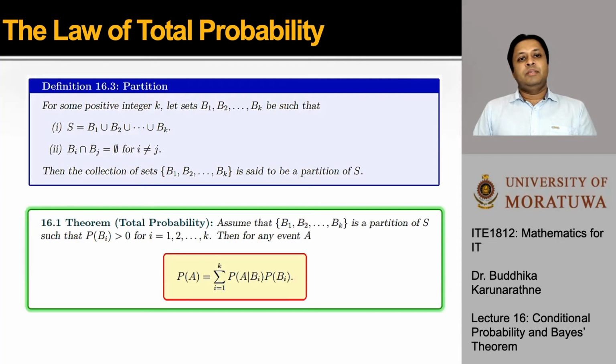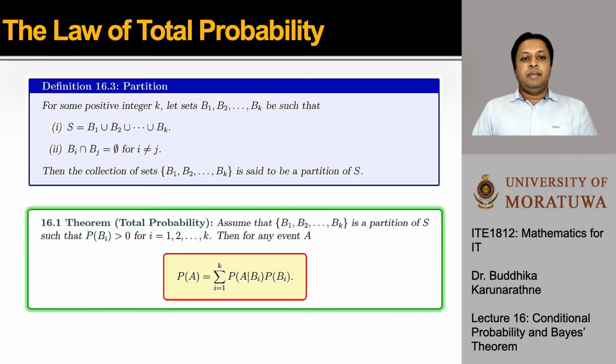Now we introduce the law of total probability. Let's start with the formal definition. For some positive integer k, let's set B1, B2 until Bk such that the sample space S is B1 union B2 union B3 and so on until Bk.